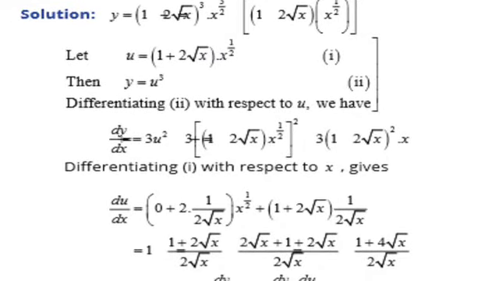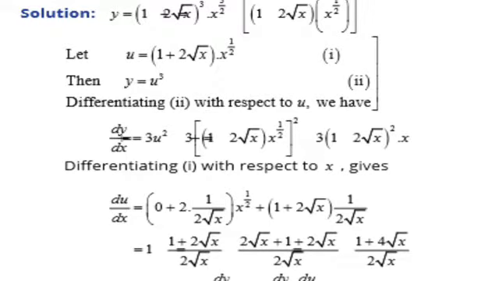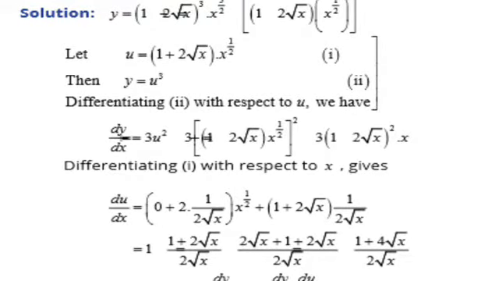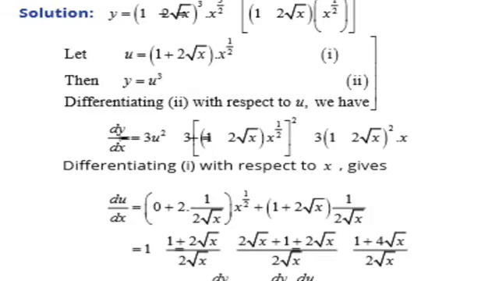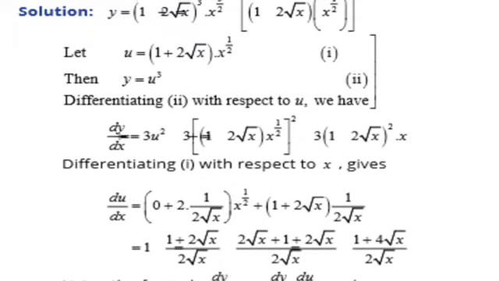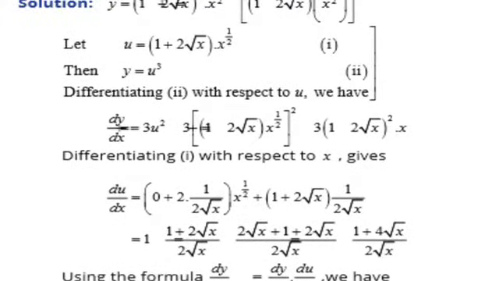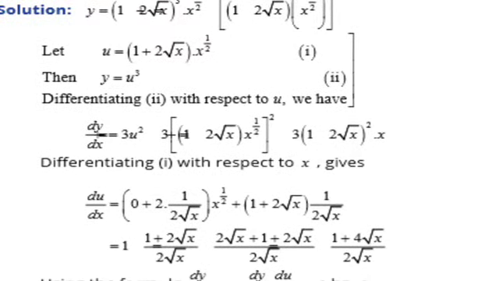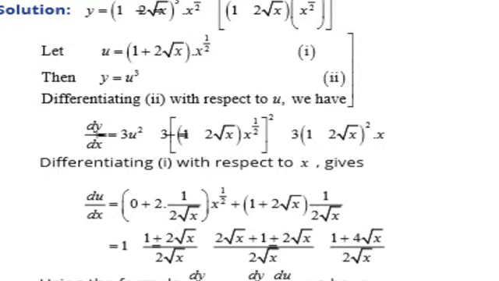and the derivative of u, we apply product rule, a dot b. The derivative of 1 is 0, the derivative of 2 square root x is 1 over 2 x raised to power 1 over 2 minus 1, and then a remains the same, and the derivative of b, in b we have x raised to power 1 by 2, and its derivative is 1 over 2 x raised to power 1 over 2 minus 1.